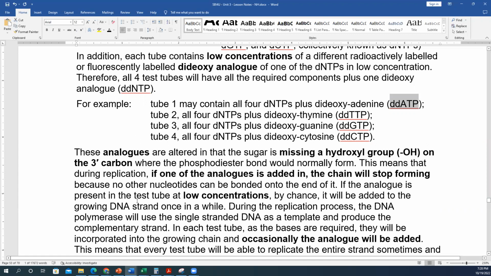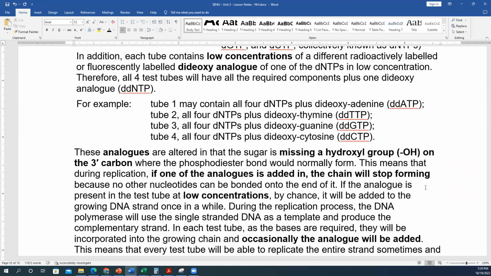And because these analogs are present only in low concentrations, only very infrequently and only by chance will they get added into that growing DNA strand, and only once in a while. So during the replication process, that DNA polymerase will use that single-stranded DNA as a template to produce the complementary strand.